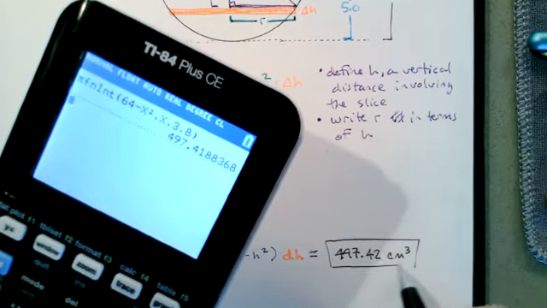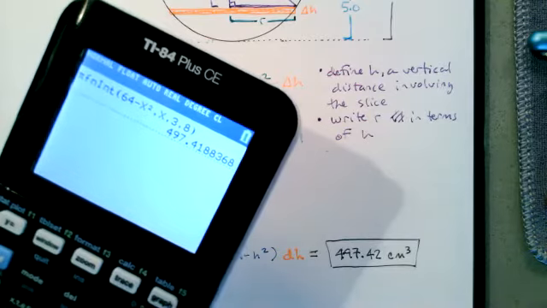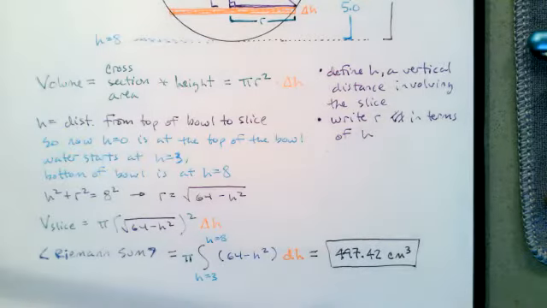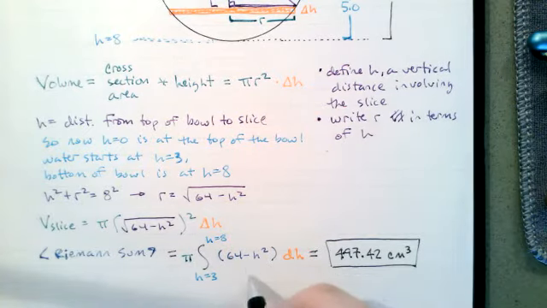Cubic centimeters make sense because the 64 minus H squared comes from the pi r squared. So that's square centimeters because it's an area. And delta h is also in centimeters. So I have square centimeters times centimeters, so it works out to centimeters cubed.